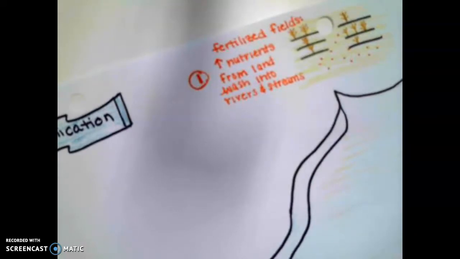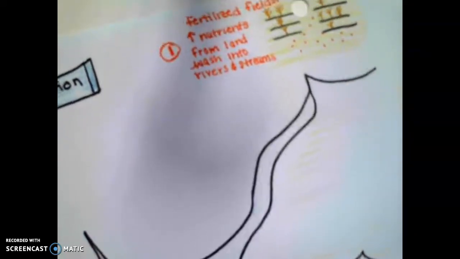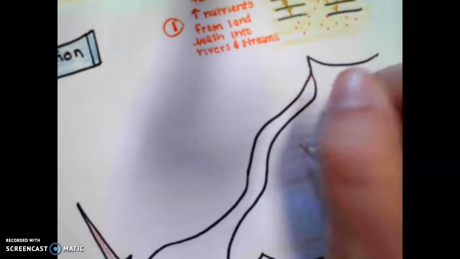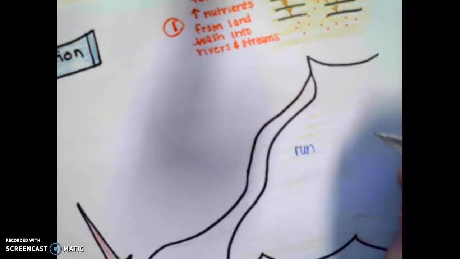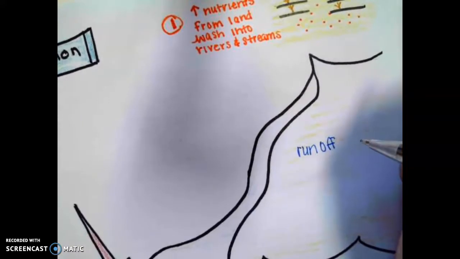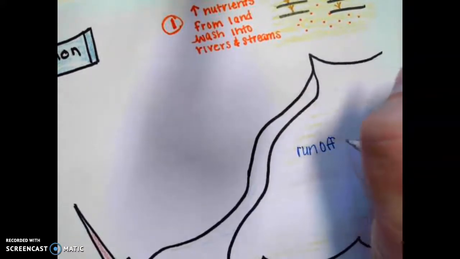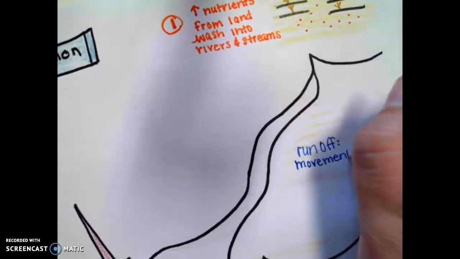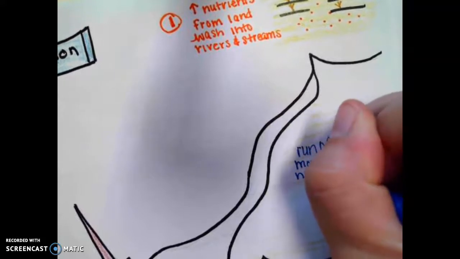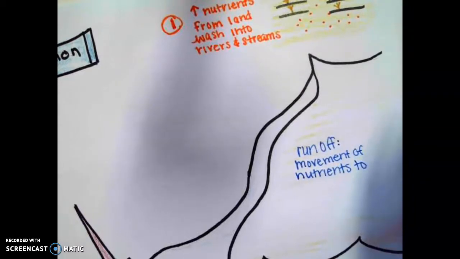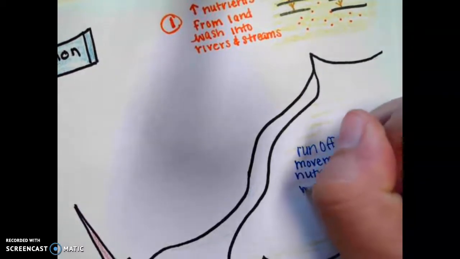Okay, and we know, by the way, the process that causes those nutrients to wash from the land into the rivers and streams, we call that runoff. Runoff, or movement of nutrients to water.